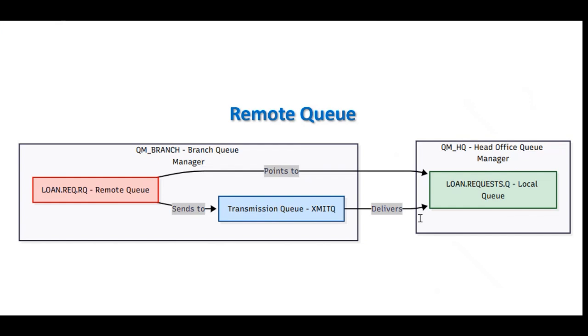So the remote queue itself never directly holds any messages. Whenever it receives the message, it will send it to the transmission queue, and the transmission queue will transmit the messages to the target queue manager.